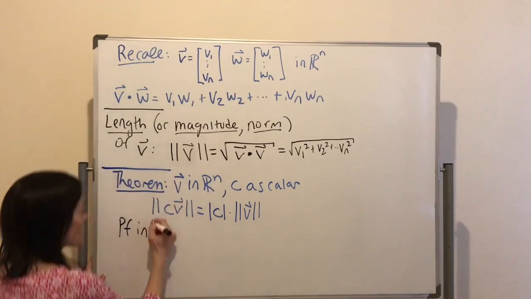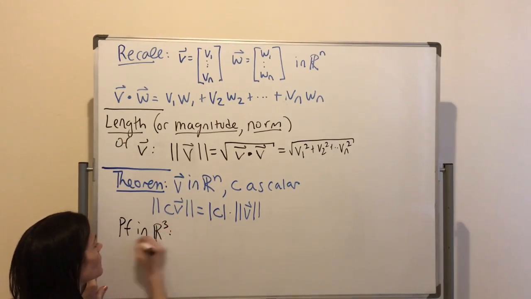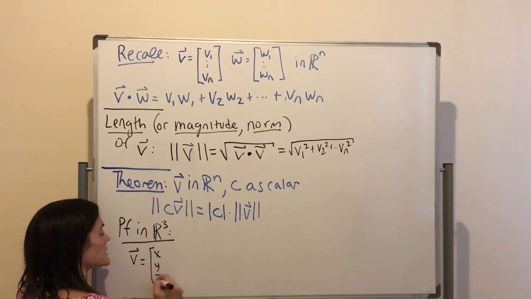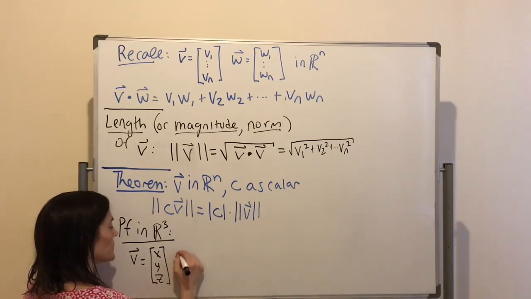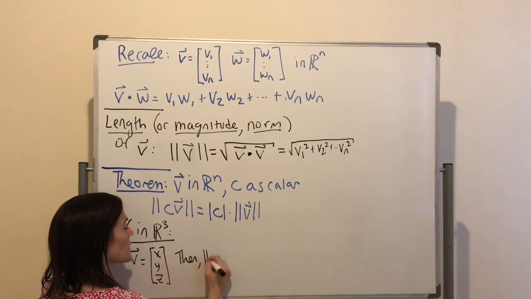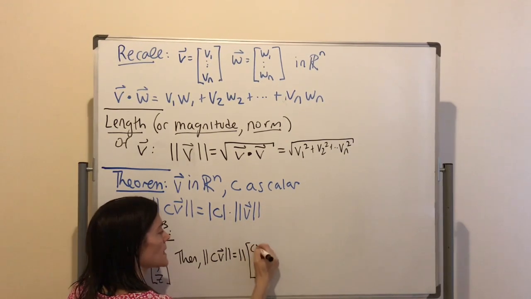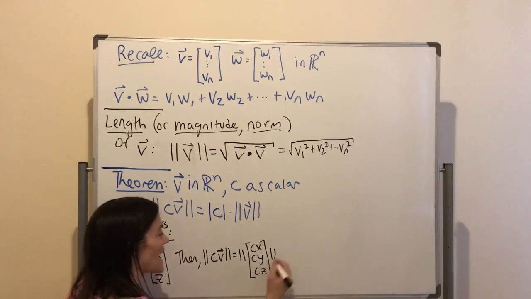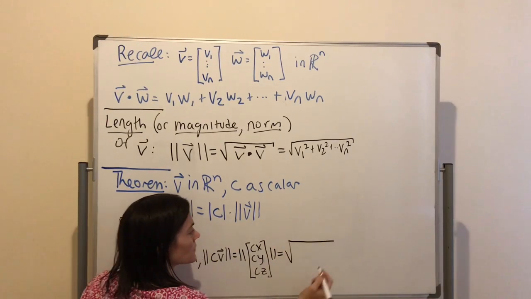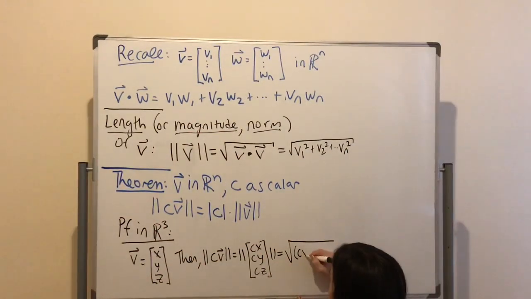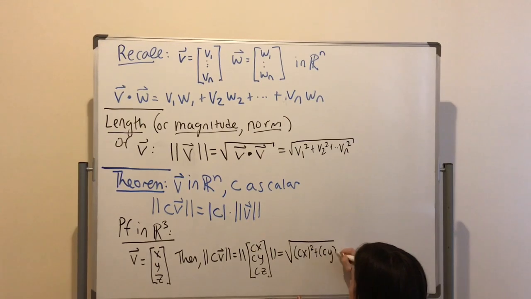So proof in R3. Okay, so let's say that V is X, Y, Z, and then the length of CV, well, CV is CX, CY, CZ. We multiply component-wise, and this would be the square root of CX squared plus CY squared plus CZ squared.